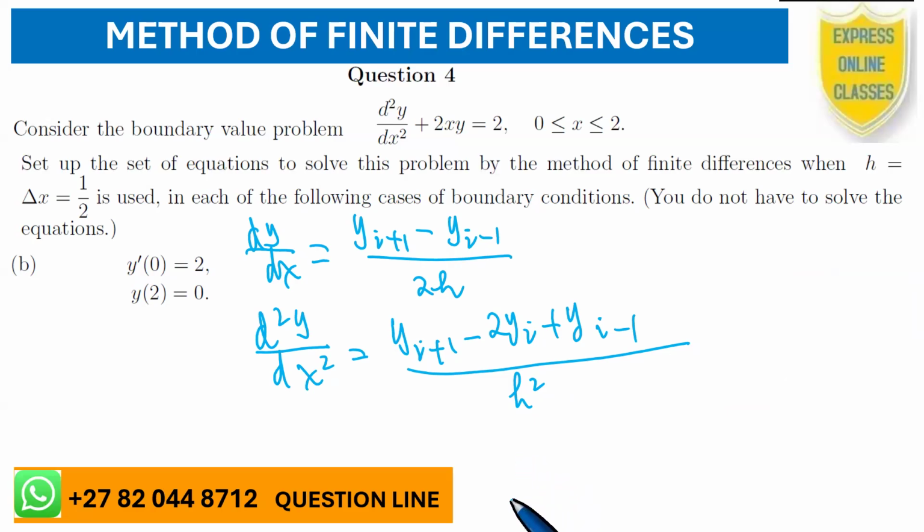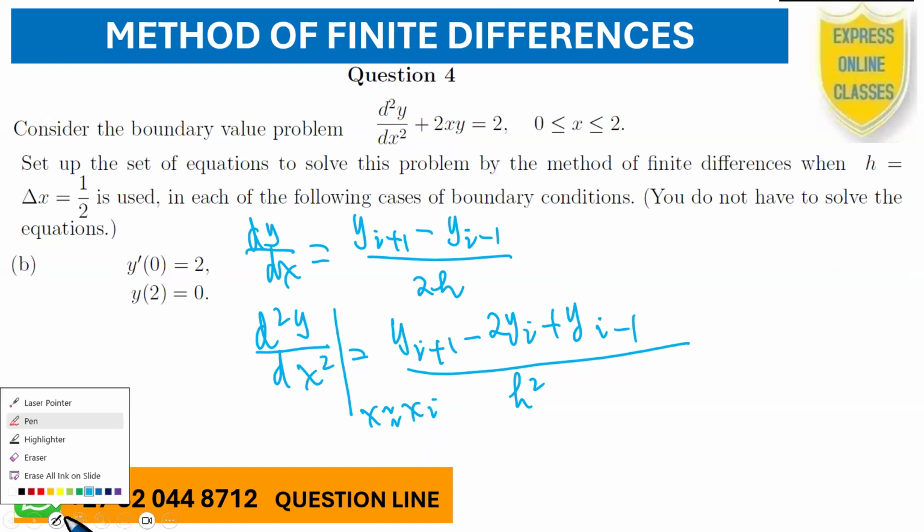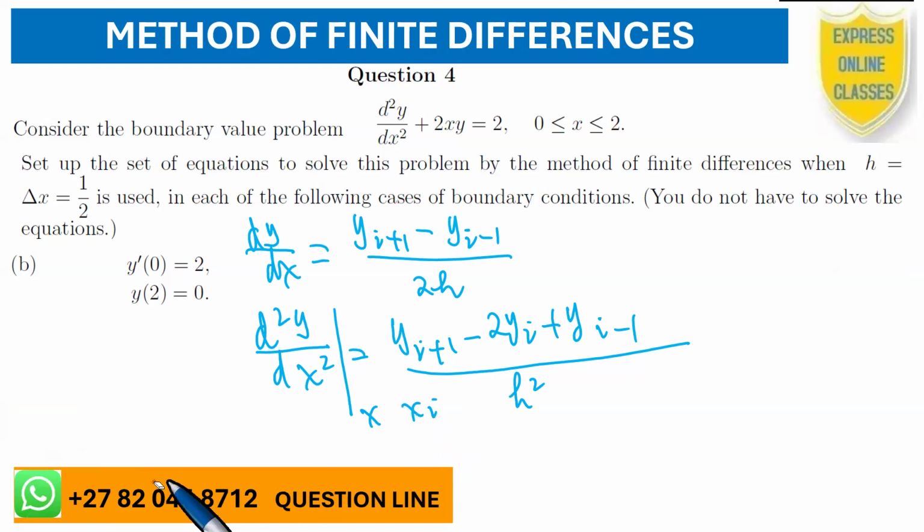So in principle, we say that this is when x is computed at x equals xi, can put an equality here. Okay, these are just the formulas that I'm stating together, so that we use them today, but you need to just remember them. And then this one is x equals xi, exactly this way.